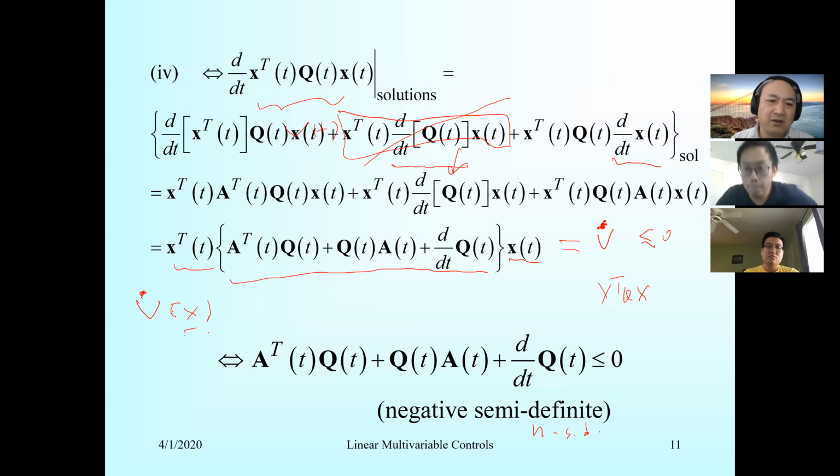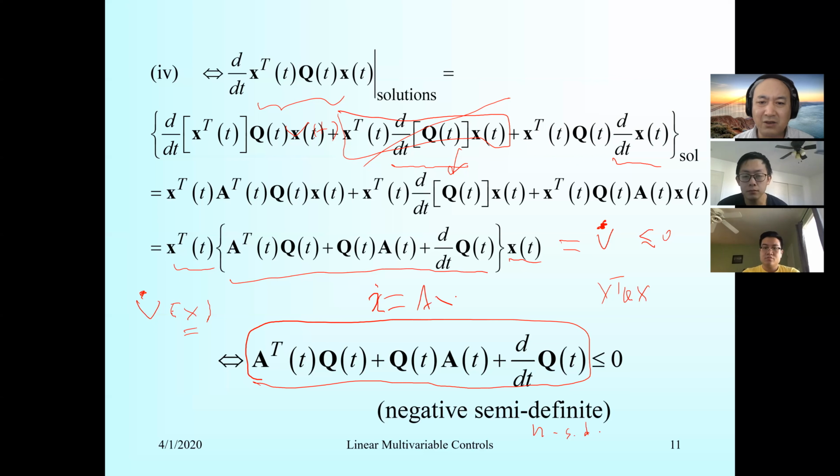But here, do you see any x in here? You don't see any x in here. In other words, you don't even have to solve x dot is Ax to get an x to check V dot. You only need to use A, pick Q and define this.